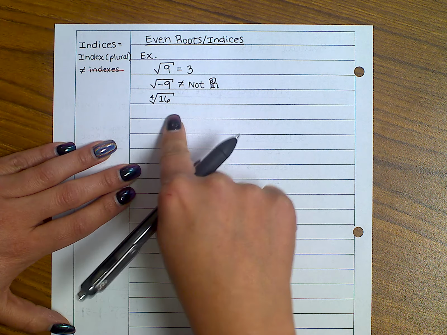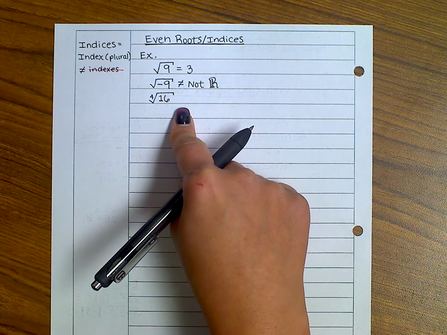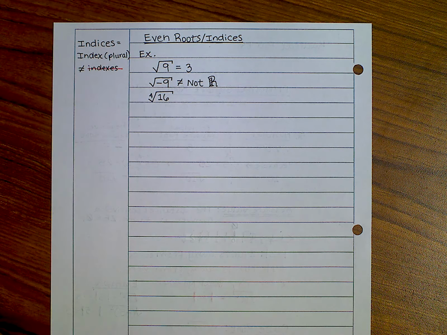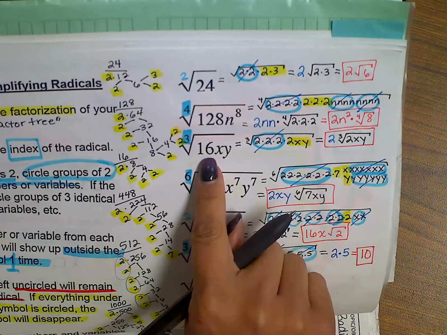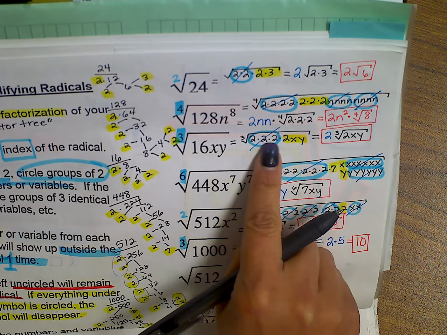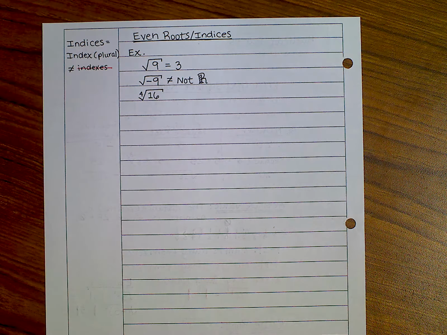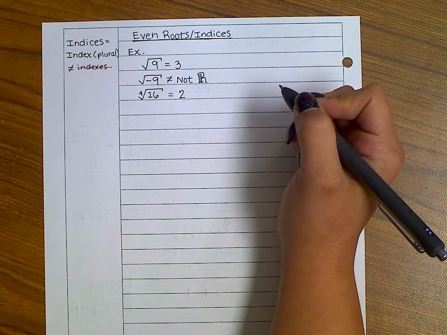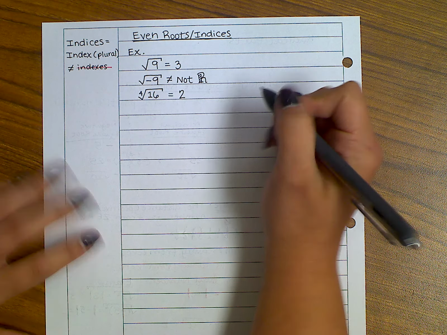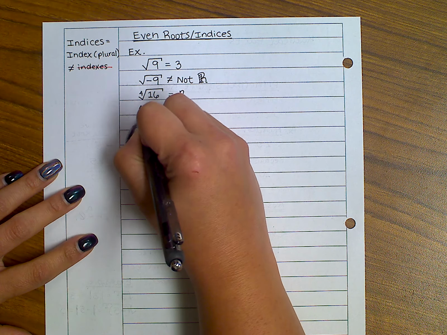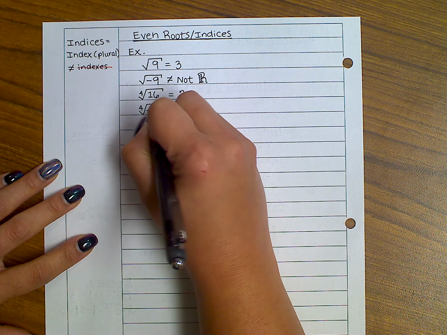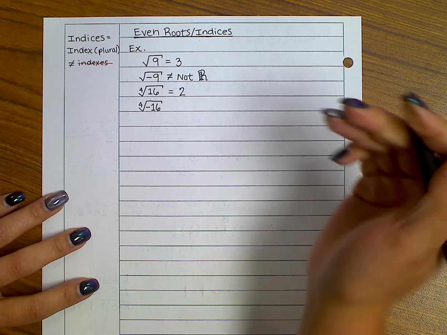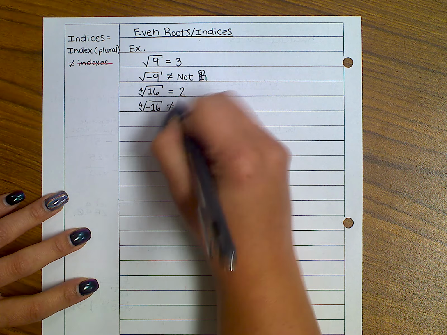Oh, hey, we were actually dealing with that in our example on page 8, whenever we had this 16 here. So that's 2 times 2 times 2 times 2. That's 4 of them. So it's equivalent to 2. But the fourth root of negative 16, as much as you'd love to say that the answer is negative 2, again, it is not real.